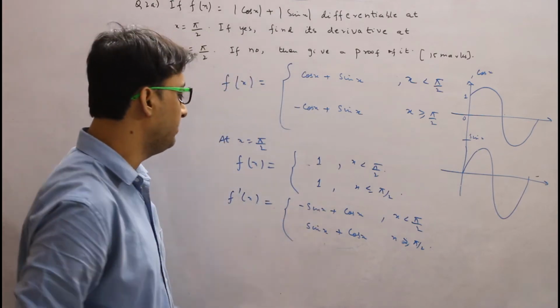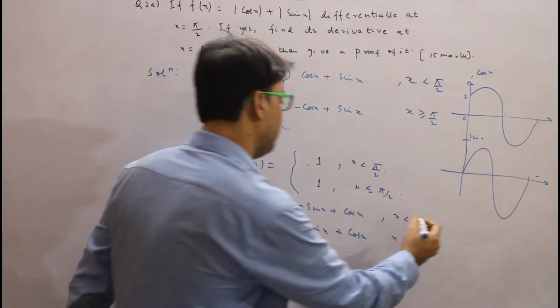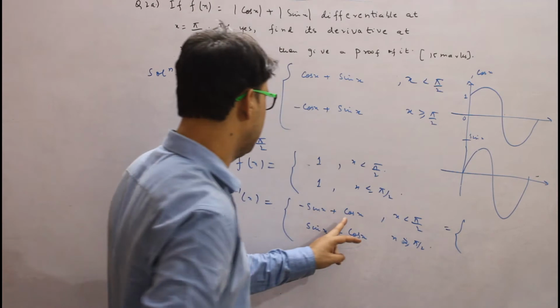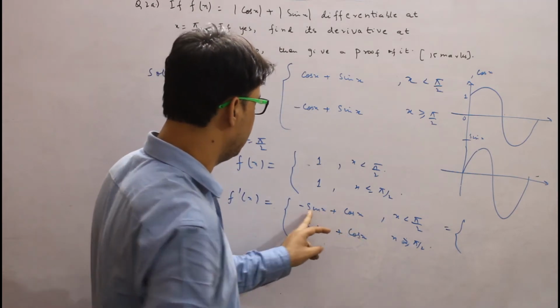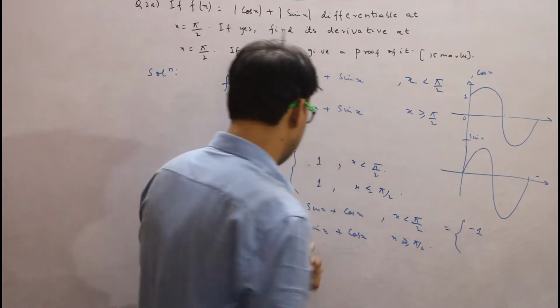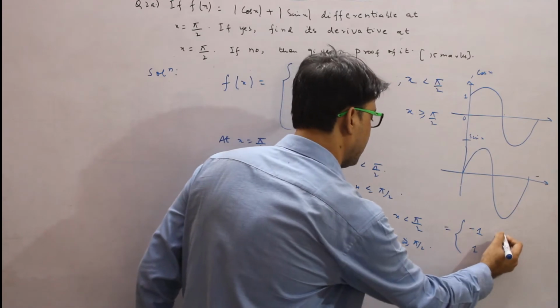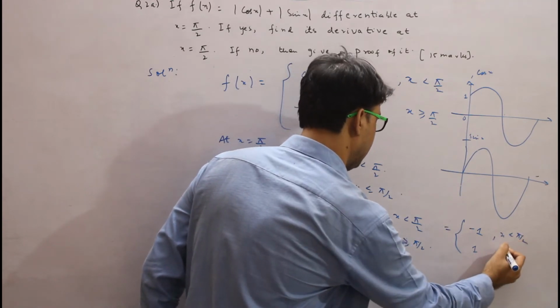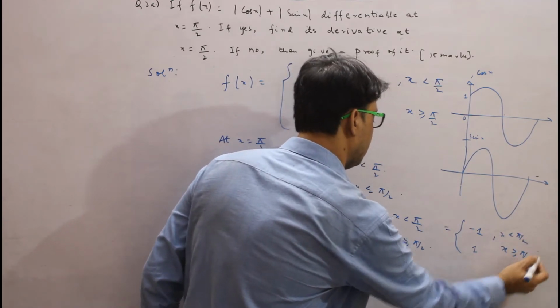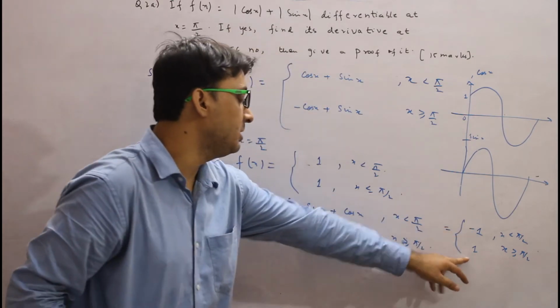So at pi by 2, if I check, I can get my answer. Cos pi by 2 is 0, sin is 1. So we can readily see that it is minus 1 here and 1 here.